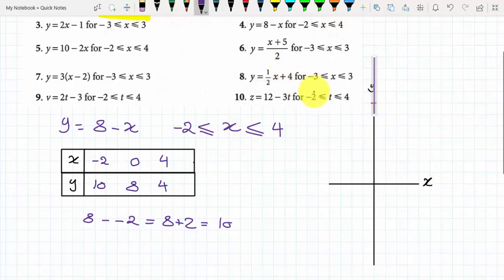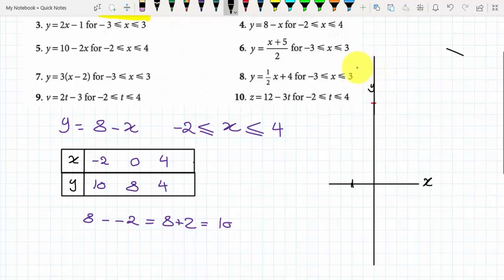Okay. Now, I assume that the y-axis is going by 1, and let's plot them. The first point is negative 2 in x and 10 in y. Negative 2 in x is here, 10 in y, 1, 2, 3, 4, 5, 6, 7, 8, 9, 10.